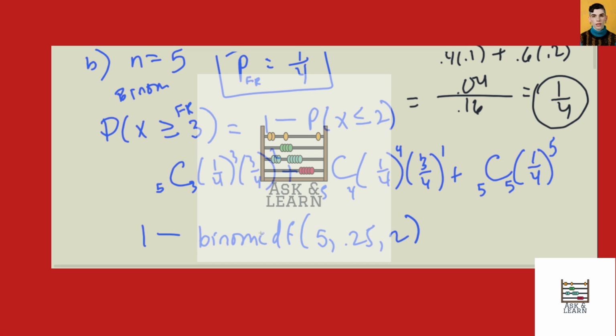So 1 minus second distribution binomial CDF, and my trials are 5. Probability of success is 1/4, and we would plug in 2. And so I'm going to make sure I plugged in the 1 minus. Yes, I did. And so when we do this, we end up getting about a 10% chance of that happening.